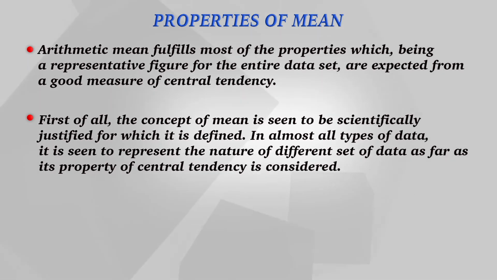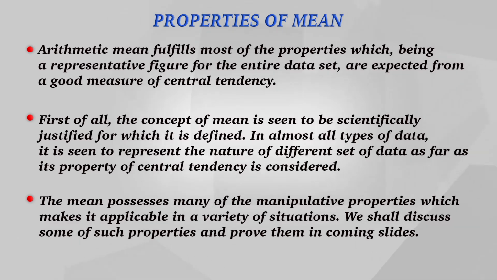In almost all types of data, it is seen to represent the nature of different sets of data as far as its property of central tendency is considered. The mean possesses many manipulative properties which make it applicable in a variety of situations. We shall discuss some of such properties and prove them in the coming slides.